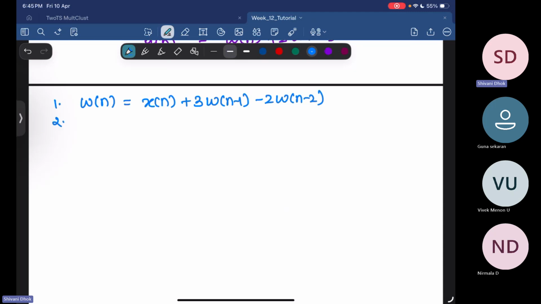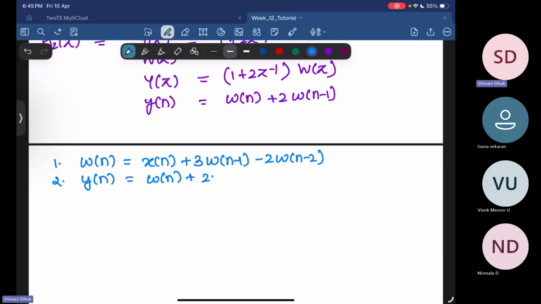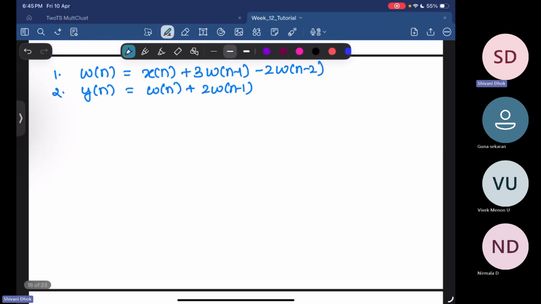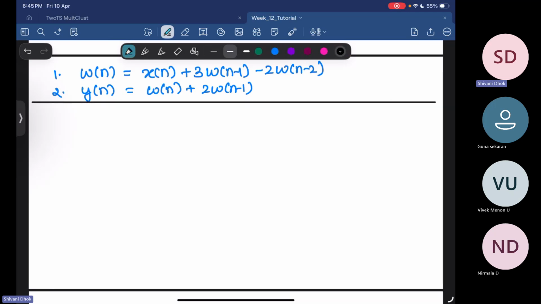And the second one is y of n which is equal to w of n plus 2 w of n minus 1. So again, with the help of these two expressions, what we are going to do is do the direct form 1 transpose and direct form 2 transpose. So this is direct form 1 transpose, and then we'll do direct form 2 transpose.